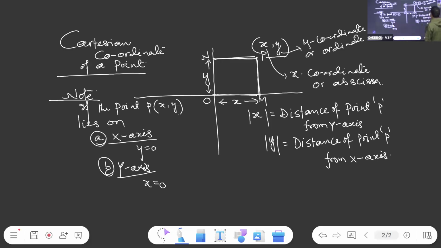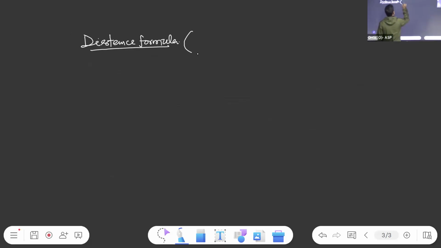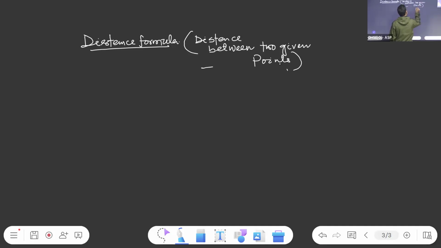Come to distance formula, distance between two given points. Write down the distance between the points.